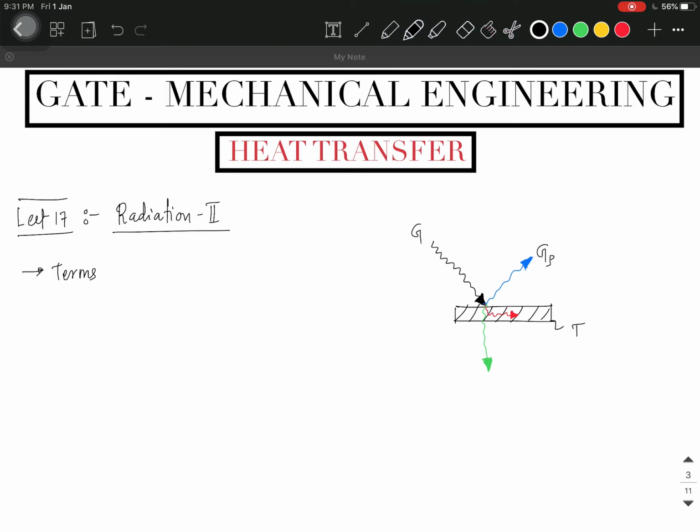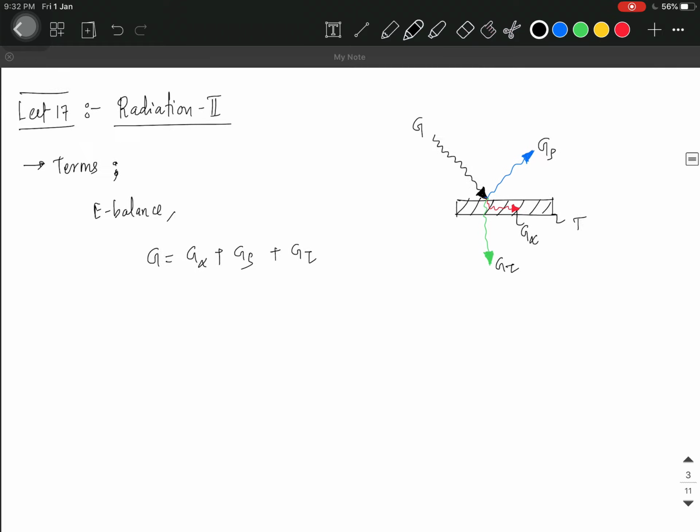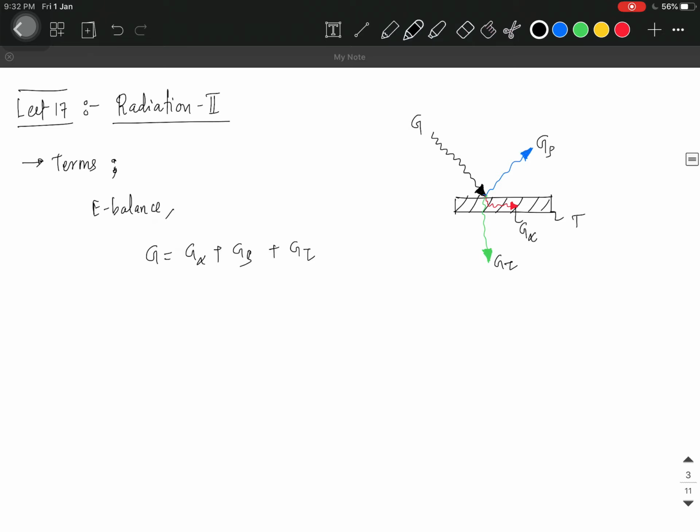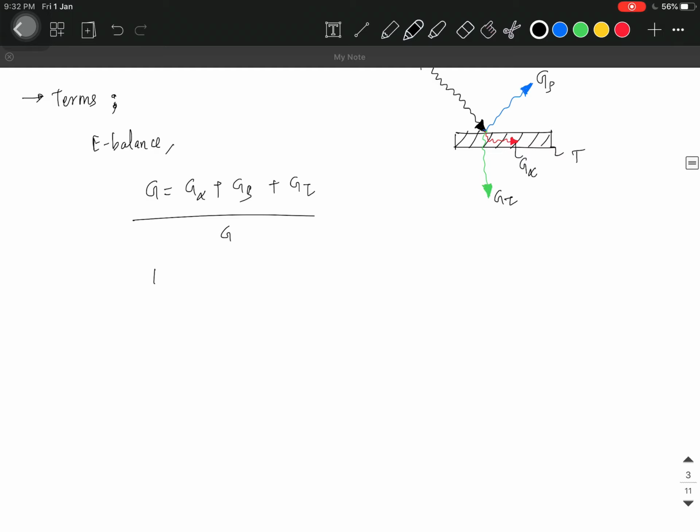So the total energy that is incident on a body is called the irradiation, denoted by G, and that reflected can be denoted by G rho, that absorbed can be denoted by G alpha, and that transmitted through this body can be denoted by G tau. So if we consider the energy balance on this body, we can write G will be equal to G alpha plus G rho plus G tau.